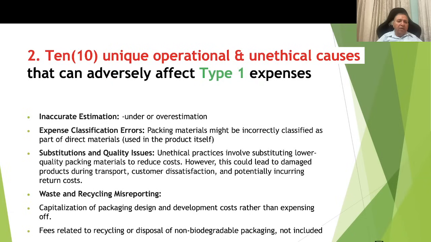Waste and recycling misreporting, capitalization of the packing design and development cost rather than expensing it off, and fees related to the recycling or disposal of non-biodegradable packaging not included.